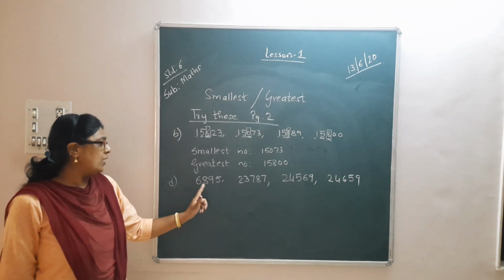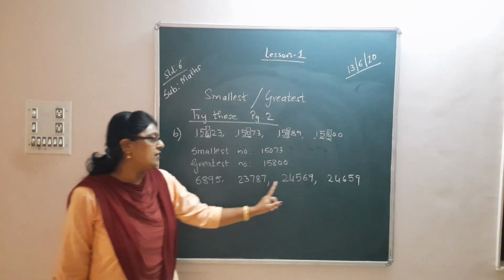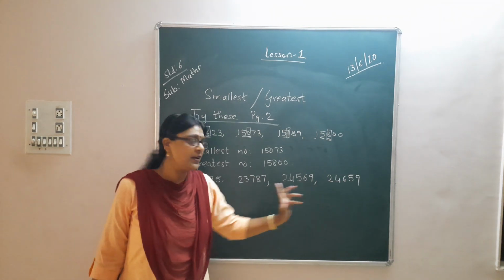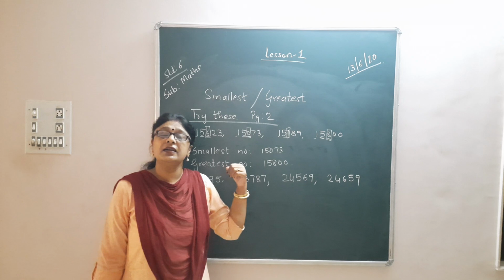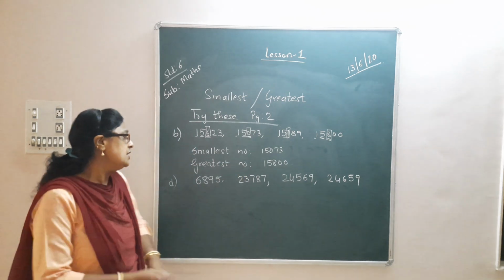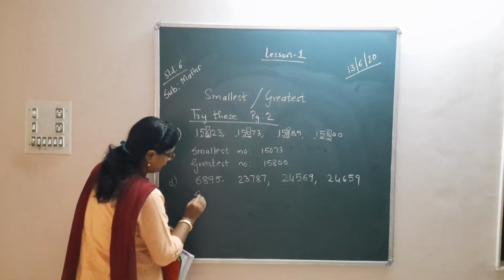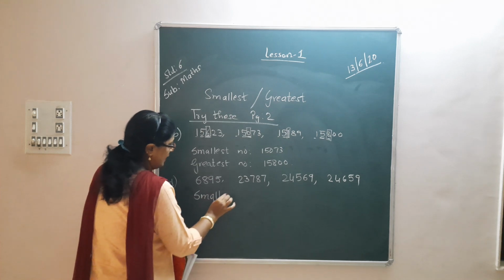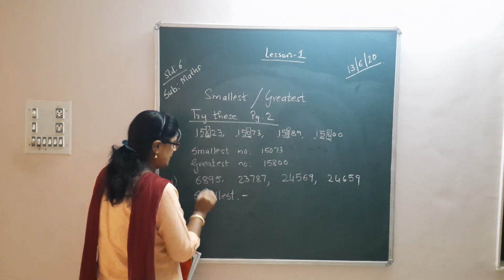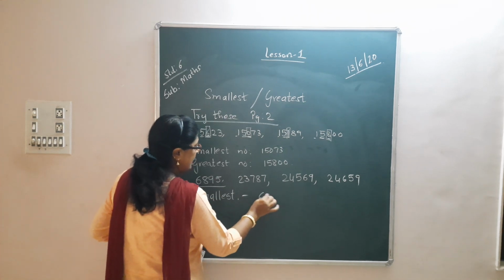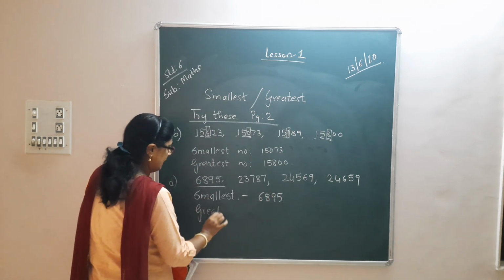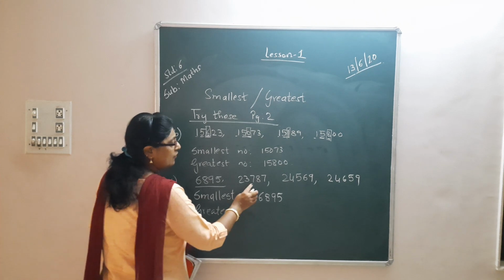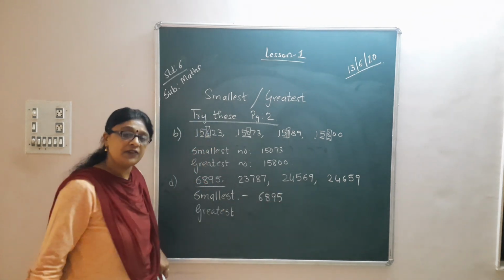So here we have 1, 2, 3, 4, 4 digits, and the remaining 3 numbers are 5 digited, right? So obviously the number which has got 4 digits is smaller, right? So the smallest is 6895.